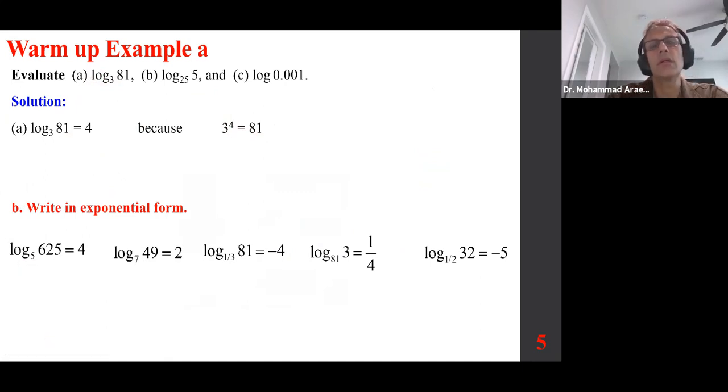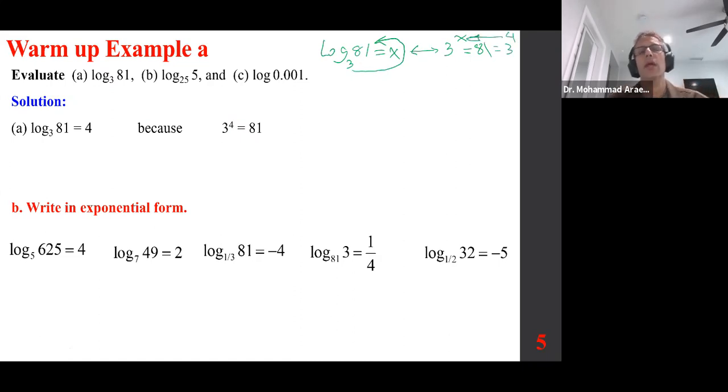We said log 81 base 3, we don't know what that is. And we wrote, look at the arrow, we wrote the exponential form. The base is 3, the exponent is x, and this is 81. And because 81 is 3 to the power of 4, you know the answer is 4. Okay, class.